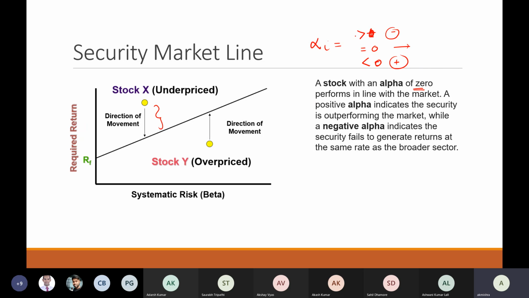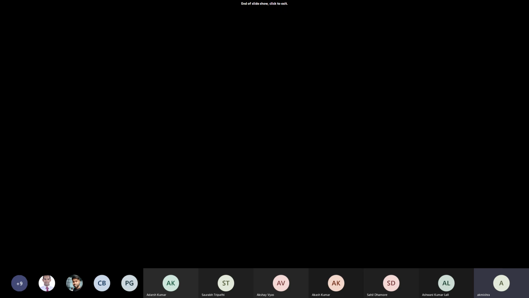This is why you use Jensen alpha: it can tell you which stock is underperforming and which stock is overperforming, so underpriced and overpriced. Based on that, you can decide whether a stock should be added to your portfolio or not.